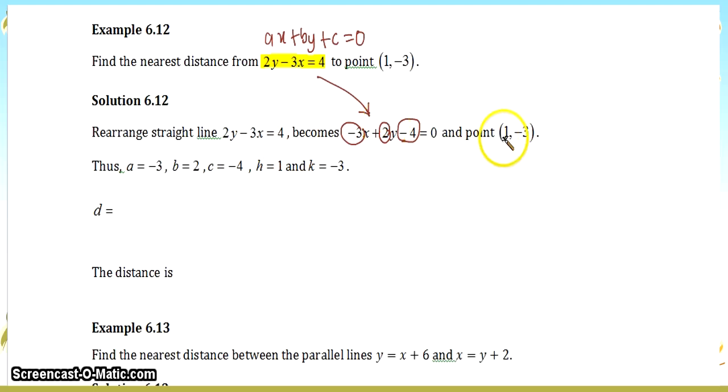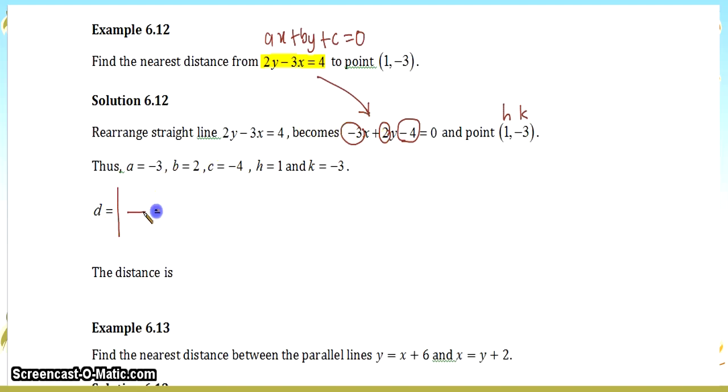And from this point, this is h and k. h is 1 and k is negative 3. Now, to find the nearest distance, we use all this information.